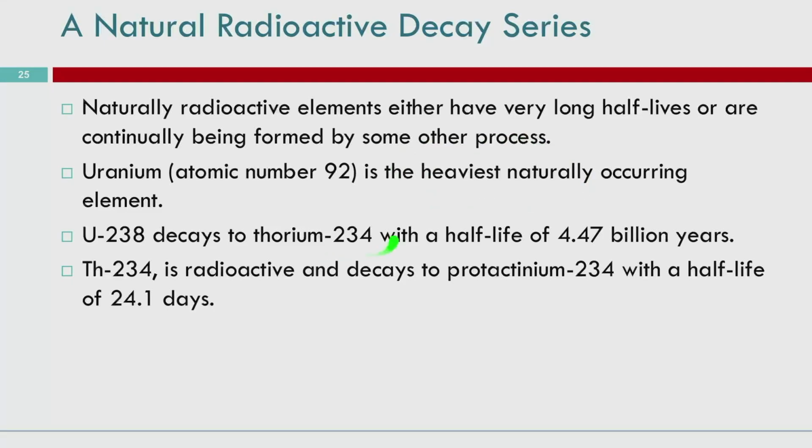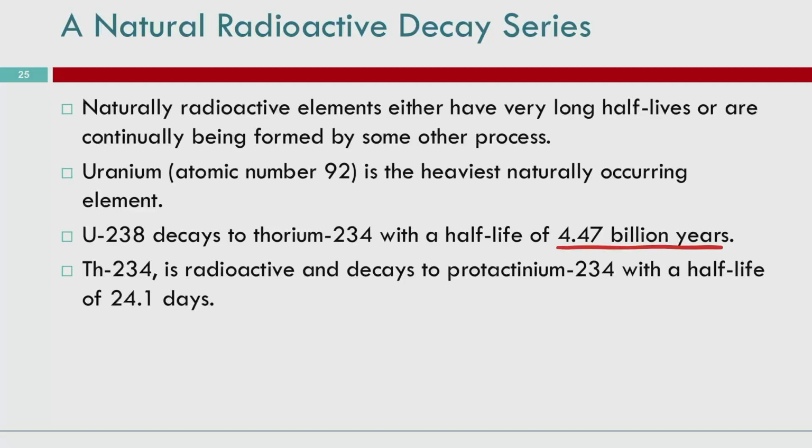It decays to thorium-234 with a half-life of 4.47 billion years. So that's a long time. Thorium-234, though, is radioactive and decays to protactinium Pa-234 with a half-life of 24.1 days. So that's not around for very long.